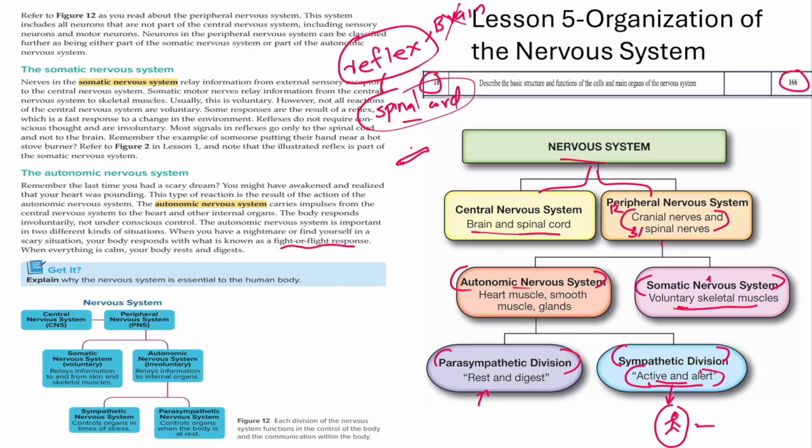The somatic nervous system is mostly the voluntary functions, and the autonomic nervous system is mostly the involuntary actions like heart actions and breathing. And again, the autonomic nervous system is divided into two, that is sympathetic nervous system and parasympathetic nervous system. Here the sympathetic nervous system is fight or flight response, and the parasympathetic nervous system is rest and digest.